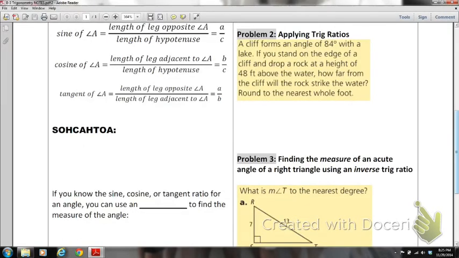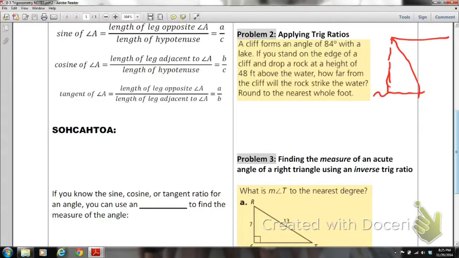In problem 2, we're applying trig ratios. It says a cliff forms an angle of 84 degrees with a lake. If you stand on the edge of the cliff and drop a rock at a height 48 feet above the water, how far from the cliff will the rock strike the water, rounded to the nearest whole foot? You need to draw a picture for this to make sense. So we have a cliff coming out over the water. So here's the water, and you're dropping this rock.